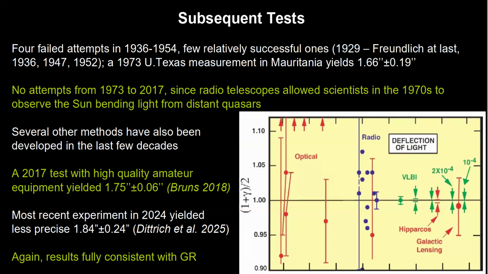Now, this gamma is essentially the ratio of space curvature to time curvature. So for general relativity, gamma is 1. For Newtonian physics, gamma is 0, because there's no space curvature. It's just technically easier to use this gamma because you can relate it to other observations that you can do in cosmology, for example.